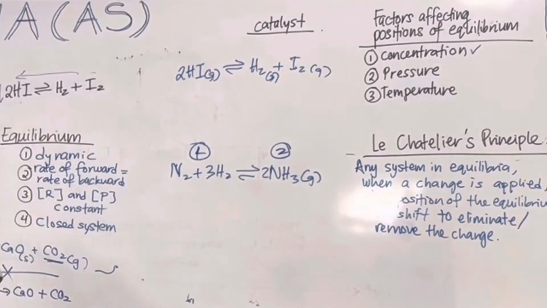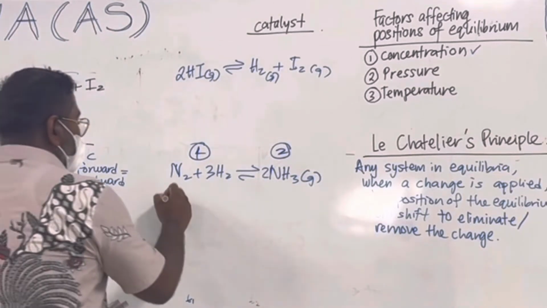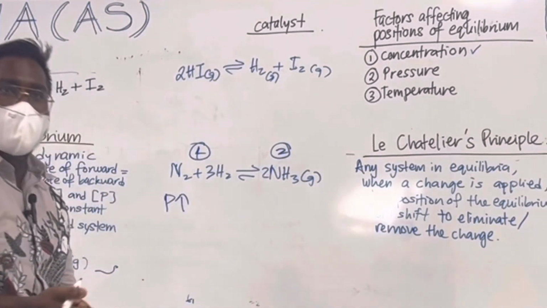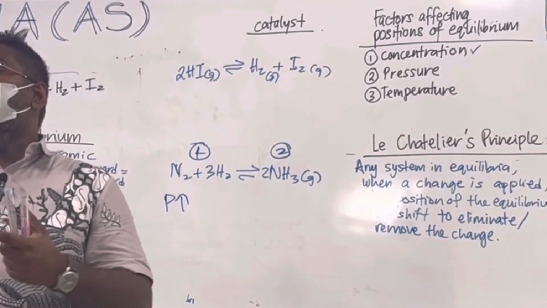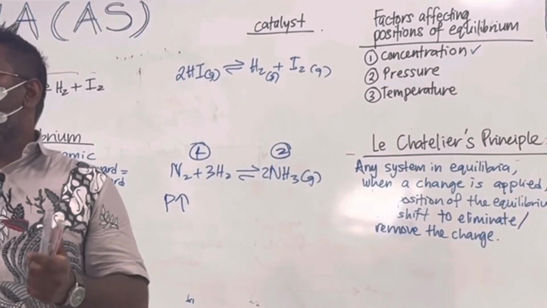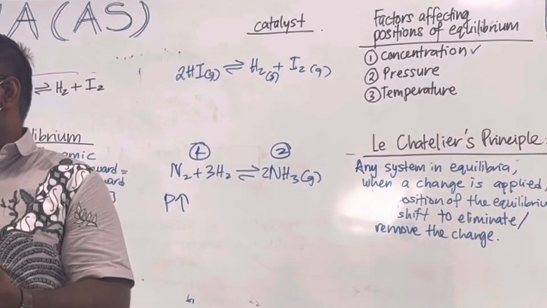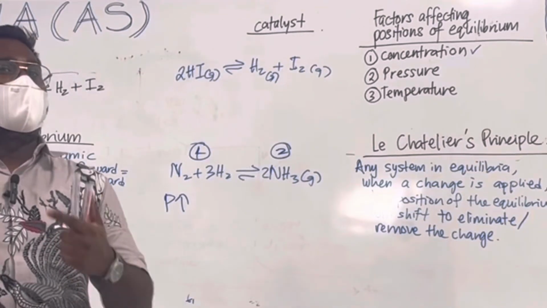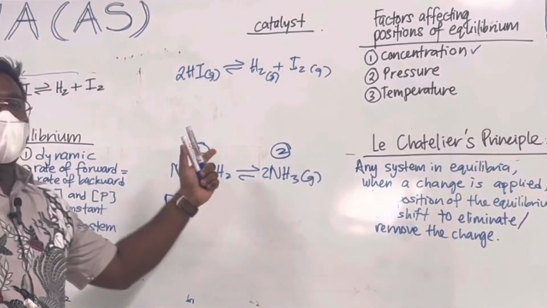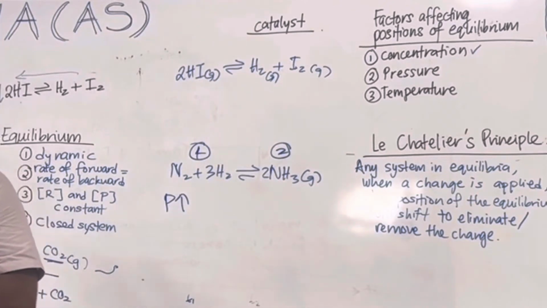Now, let's say this system has already reached equilibrium and I am going to increase the pressure. When I increase the pressure, according to Le Chatelier's principle, I need to decrease the pressure. How do you decrease the pressure? Forming more molecules or less molecules?